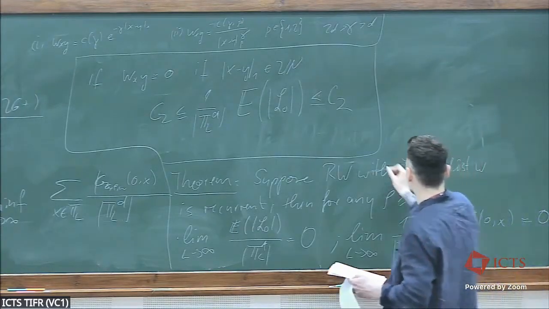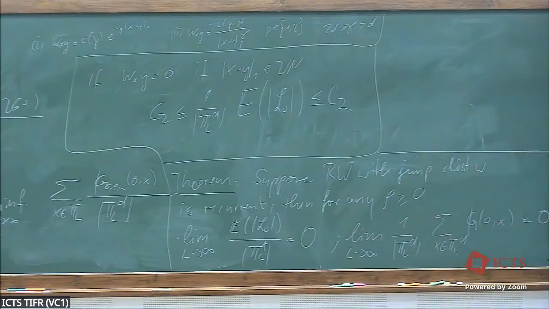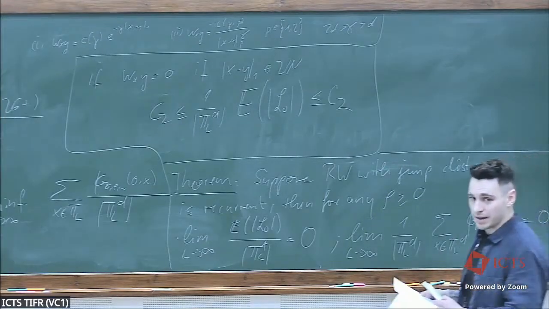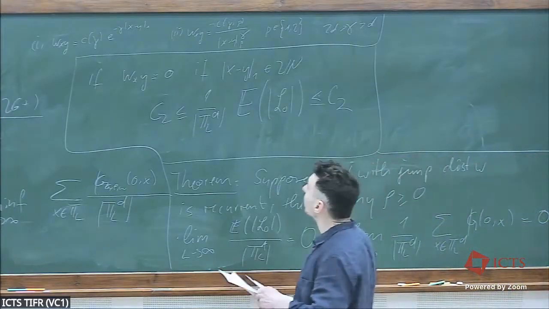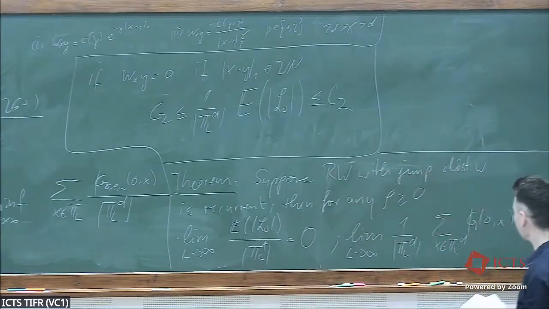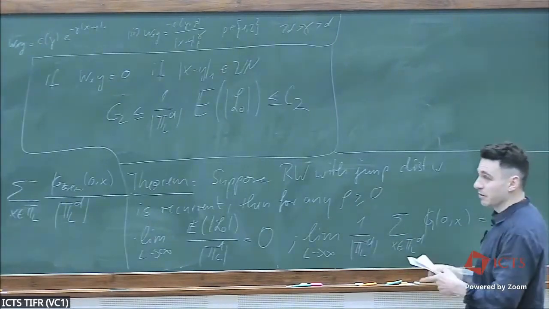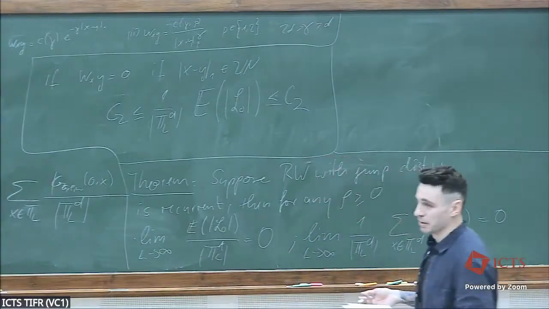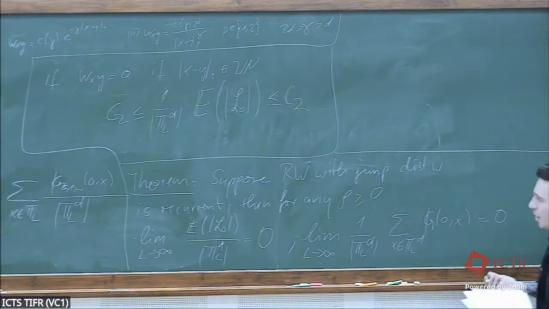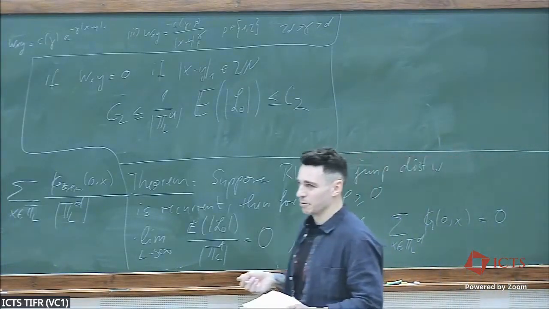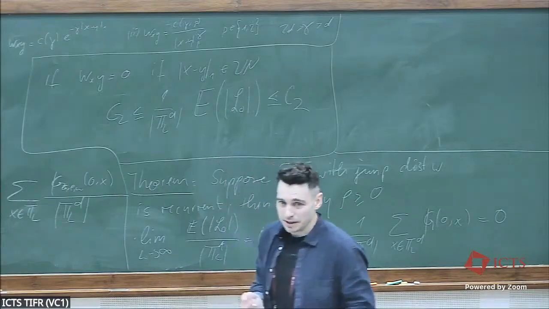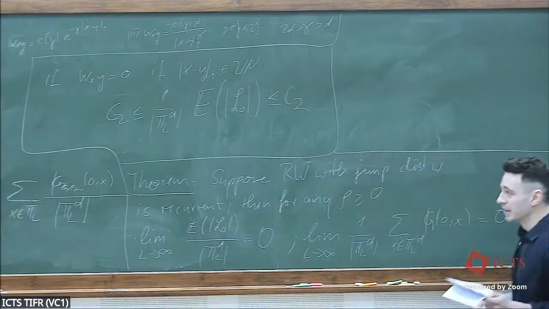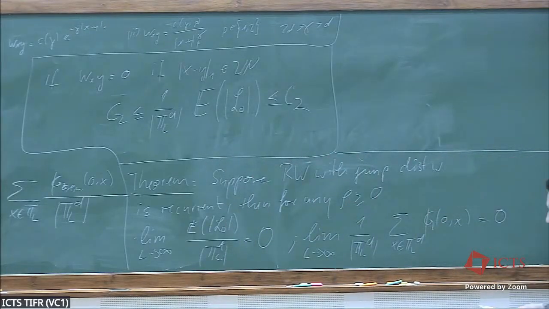And let me use the last 2 minutes to explain how one gets such a result. The thing is that this model is not monotone in the parameter. And at some point, you obviously need some sort of inequality, right? So the normal inequalities you get from monotonicity or something like FKG will not work.